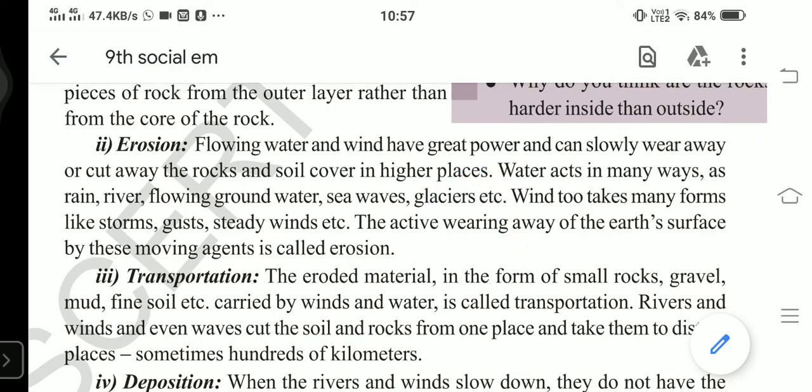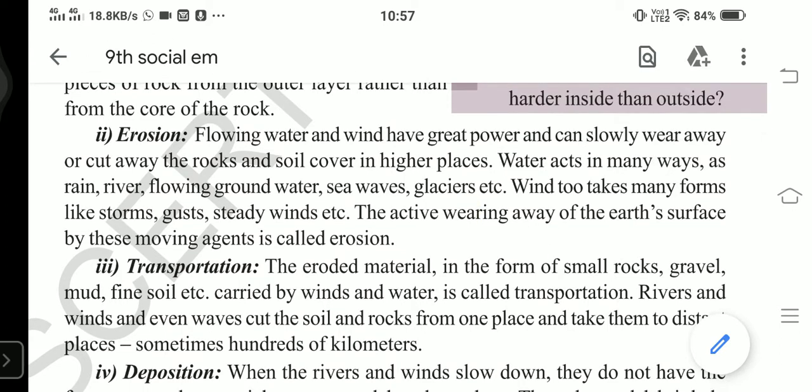Have you observed in TV and movies, when the wind blows in the desert and storms take place, sand particles are also carried by the blowing wind, and that sand is deposited somewhere.